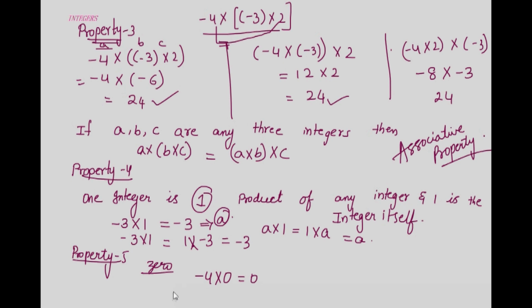If a is any integer, take any integer in the place of a, then a into 0 is equal to 0 into a is equal to 0. If we multiply any integer with 0, then the answer will be 0. Minus 4 into 0 is equal to 0 into minus 4. Then the answer will be 0.